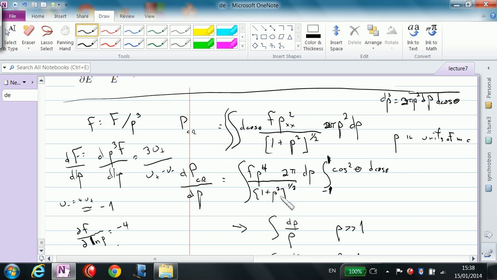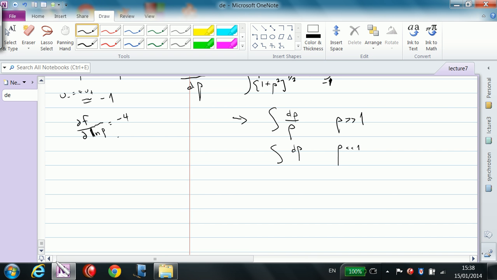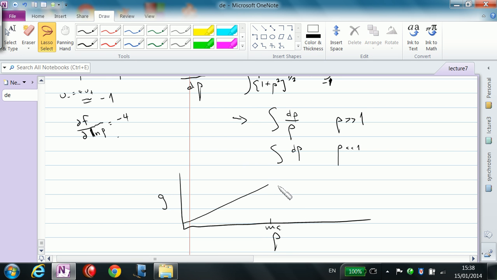But in the non-relativistic limit, when P is much smaller than 1, then it's divergent. So if you plotted partial pressure, which I call G, as a function of P, it would rise linearly with P until you got to the relativistic momentum, and then it would be level.